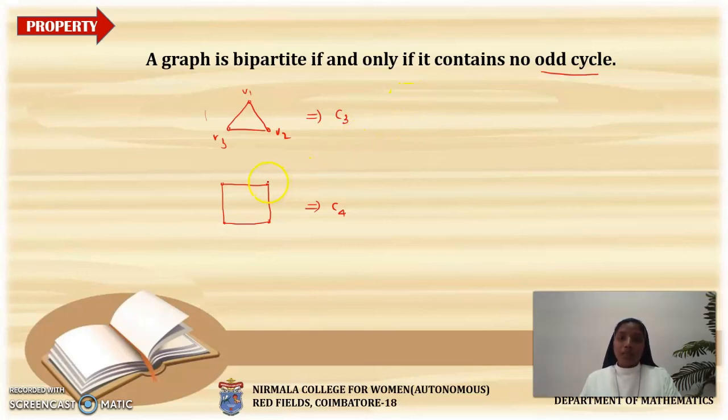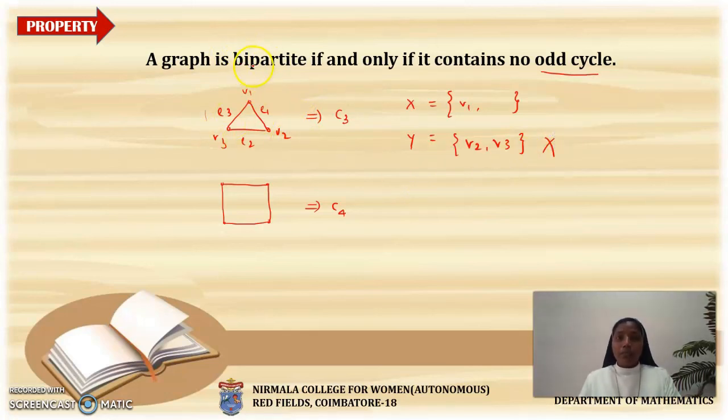For an example, if you consider this odd cycle and when you find out the partition X and Y, if I take V1 in X, then both V2 and V3 will be in Y. And moreover, we have to check for each edge E1, E2, E3, if one end is in X, the other end must be in Y. So, if I consider the edge E1, V1 is in X and V2 is in Y. And if you consider the edge E2, the vertex V2 is in Y, also the vertex V3 is in Y. Therefore, this partition X and Y cannot be proper partition.